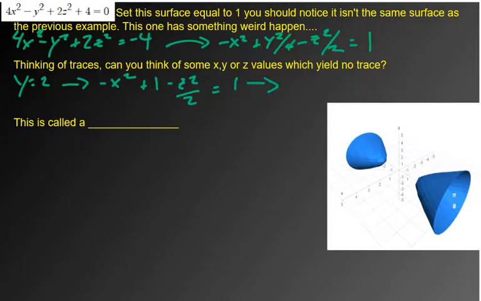Then the 1s would cancel, and you would get -x squared minus z squared over 2 equals 0. The reason this is weird is because this equation is impossible. We're really assuming real numbers here, and the only way that this could work is if you had imaginary numbers, and we're not going to complicate it that much right now.